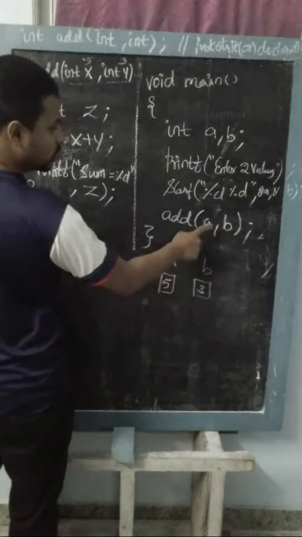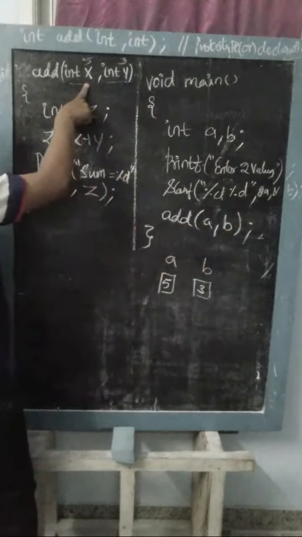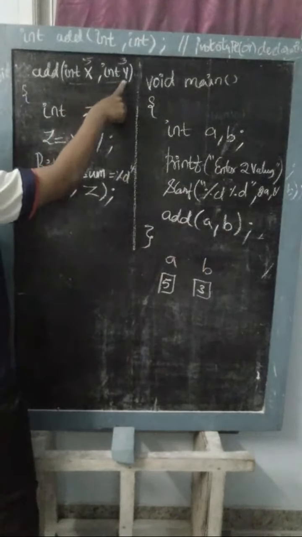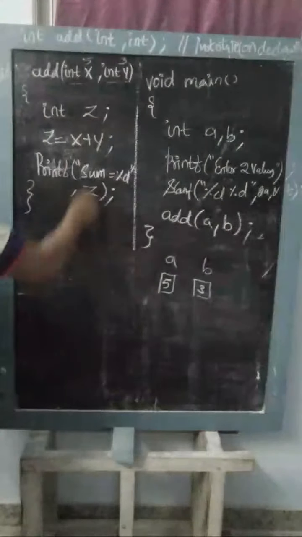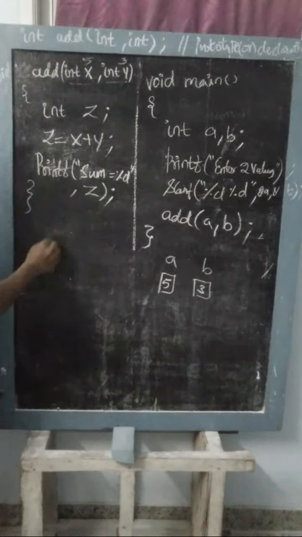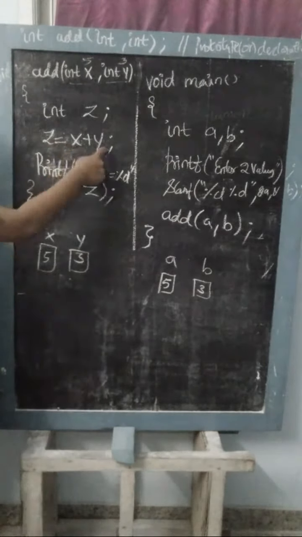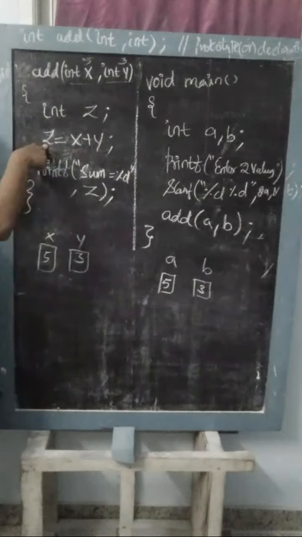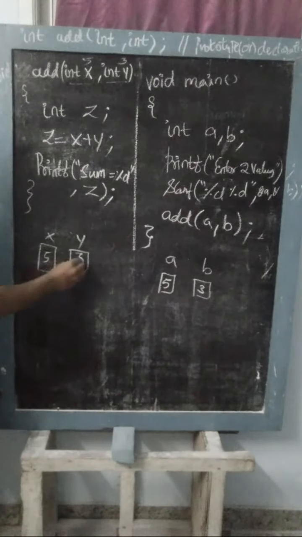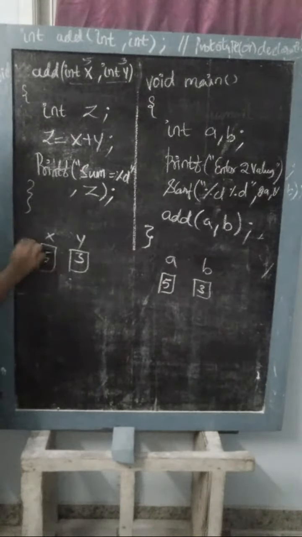What is the value? 5 comma 3. 5 will be stored into x and 3 will be stored into y. So x value is 5 and y value is 3. We are adding the 2 values, 5 plus 3, that is 8.